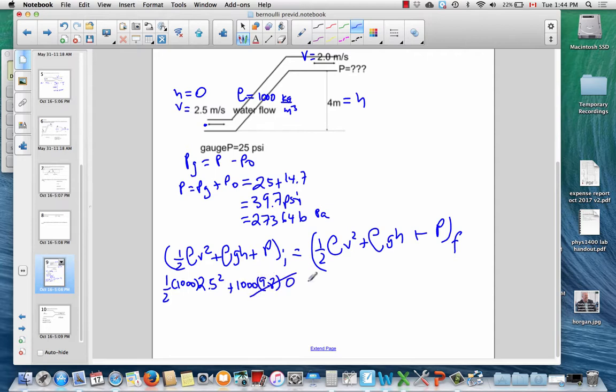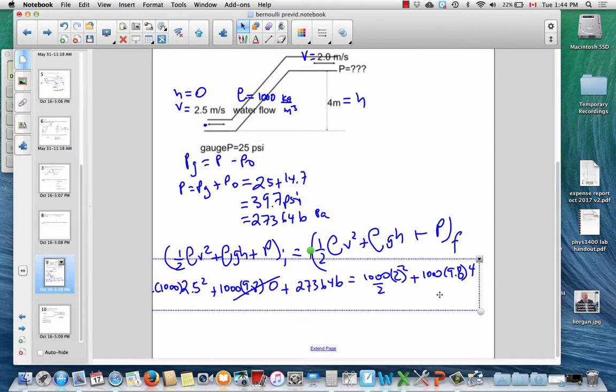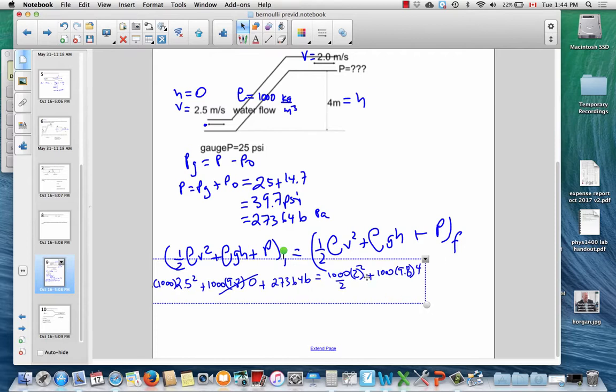The height was 0, so that whole term just disappears at the bottom. Then on this side, the speed was 2. And then we've got 1,000 times 9.8 times the height of 4 plus the unknown pressure. And so this is an equation that we can now solve to find that unknown pressure.